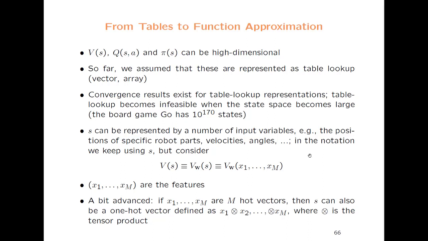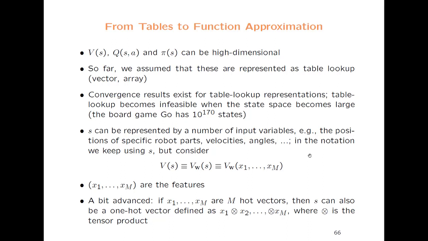Also the state S can be represented by a number of input variables, for example the position of specific robot parts, or angles, or velocities, and so on. In the notation, we will keep using S most of the time, but consider that the value function of S, for example, could be a parameterized function of features x1 to xm.